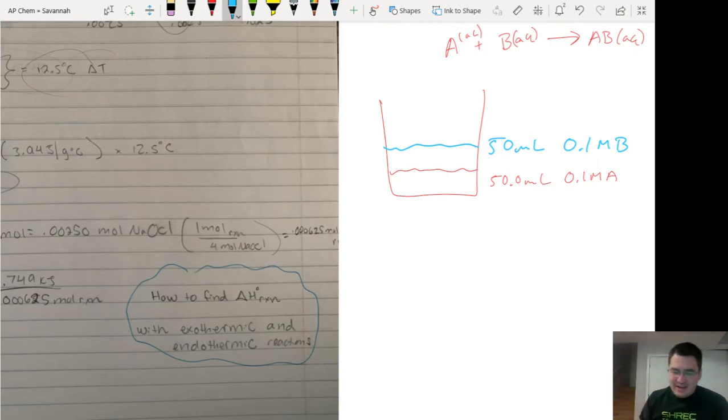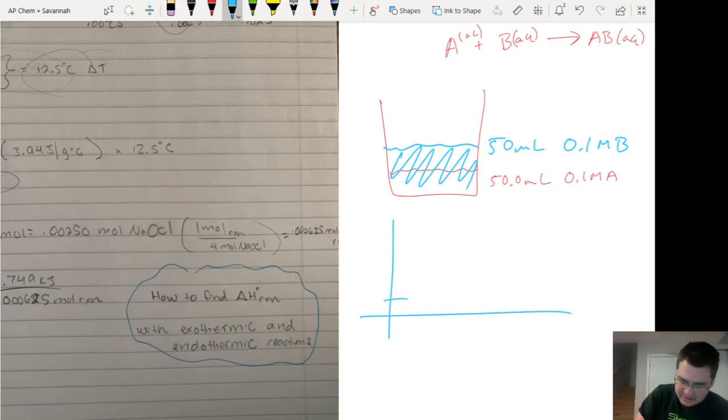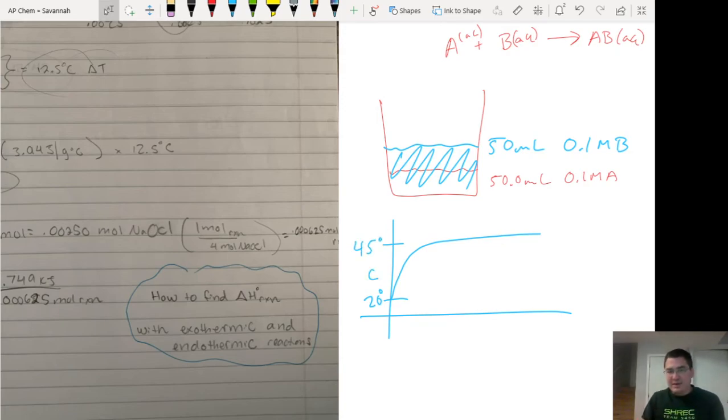Yeah. And let's say this all mixes together, and you get a graph that starts at 20 degrees and ends up at, let's say, 45 degrees. This is Celsius, right? Mm-hmm. Okay, so this results in a change in temperature of 25.